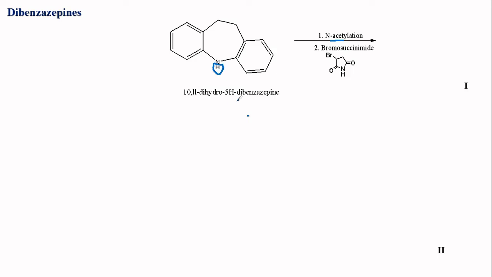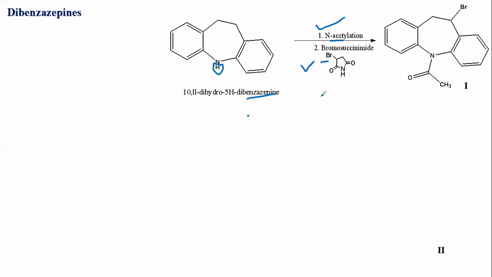The next reagent is bromosuccinimide, which is used just for the introduction, or addition, of the bromine moiety. So in the first step, the basic reactant 10,11 dihydro dibenzazepine is acted upon by N-acetylation followed by bromination, and the addition of bromine takes place by this reagent, bromosuccinimide.